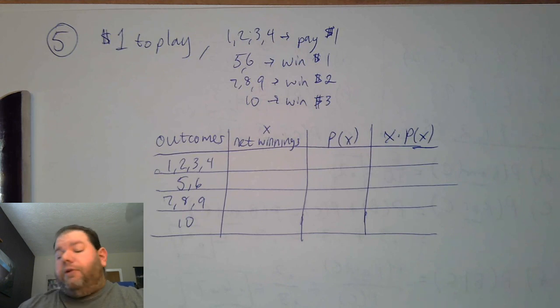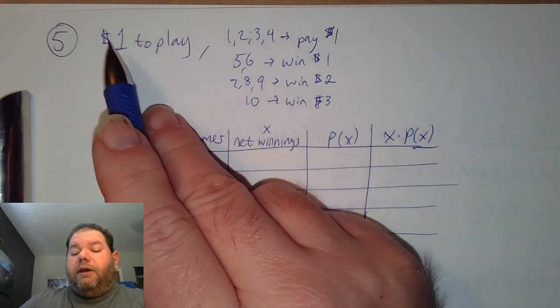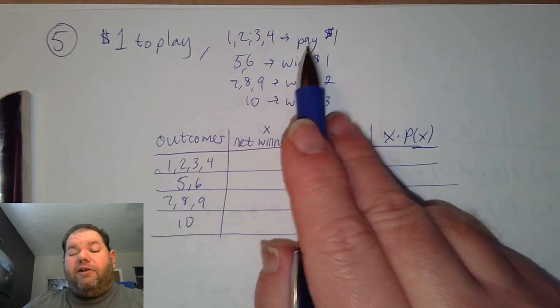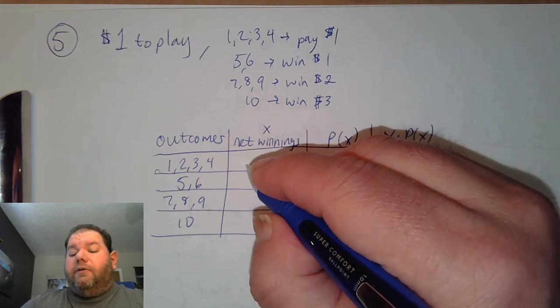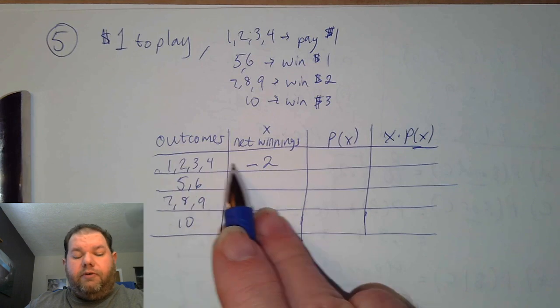Now, when we take into account how much money we've won, we have to include the dollar that we paid up front to play the game in the first place. So we pay $1, and then if we draw a 1, 2, 3, or 4, we pay another $1. That means we're down $2 if we happen to draw 1, 2, 3, or 4.